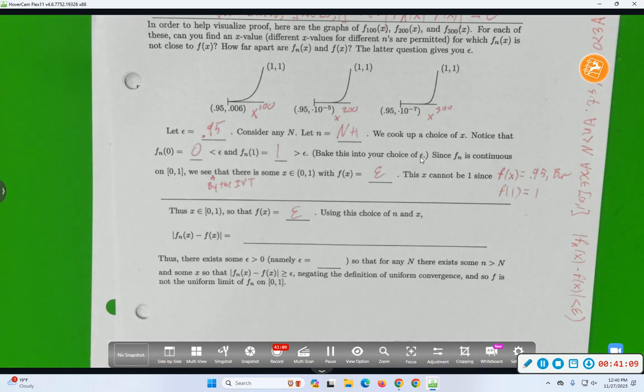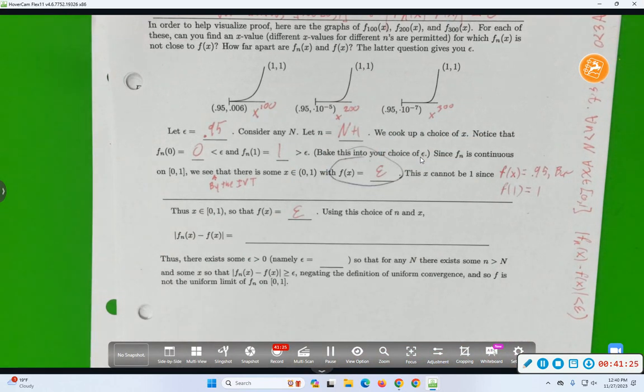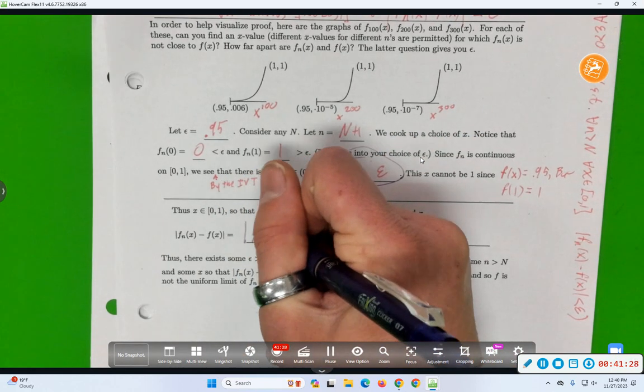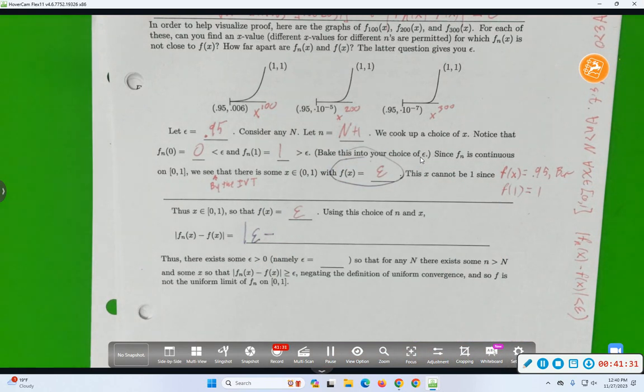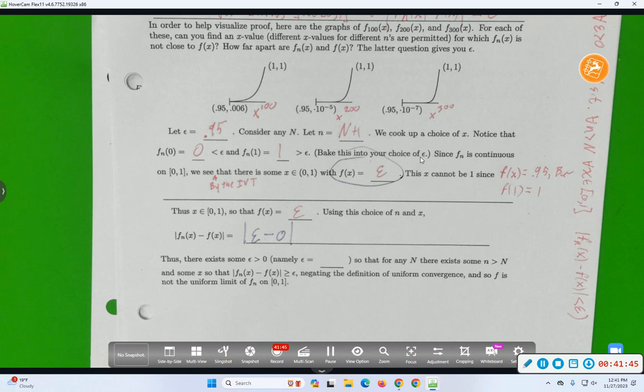What is f sub n of x for this particular choice of x? 0.95, or whatever you've picked your epsilon to be. What's f of x for this particular choice of x? Well, remember, f of x is the pointwise limit. Cool. Is that bigger than or equal to epsilon? Yeah, in fact, it's equal to epsilon.